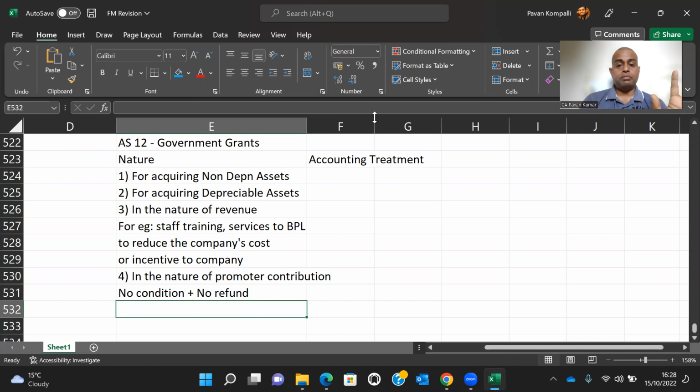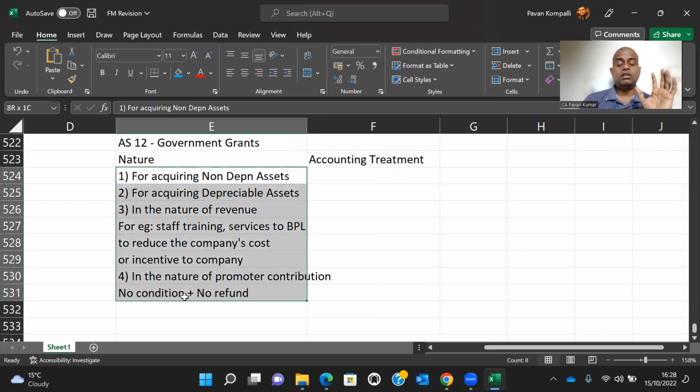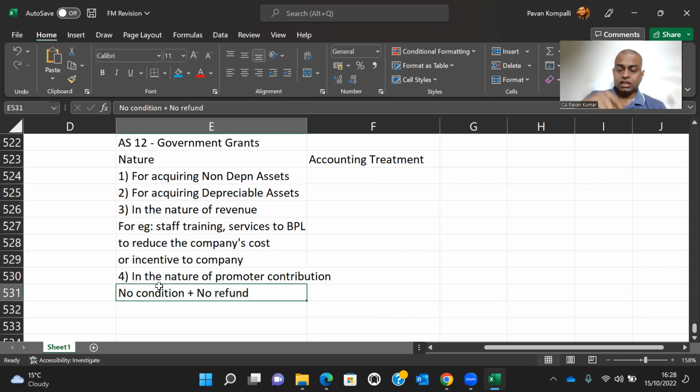Now, guys, I told you there are 4 types of government grants. You tell me, in the given question, this RTP question we have read now, do you think it is falling in category 1 or 2 or 3 or 4? You tell me.